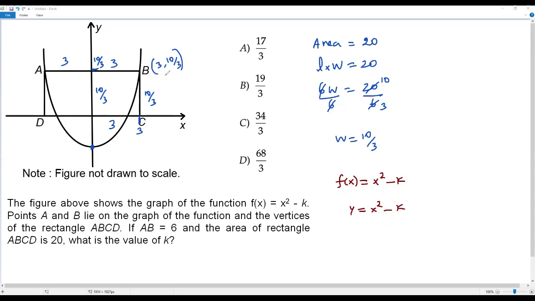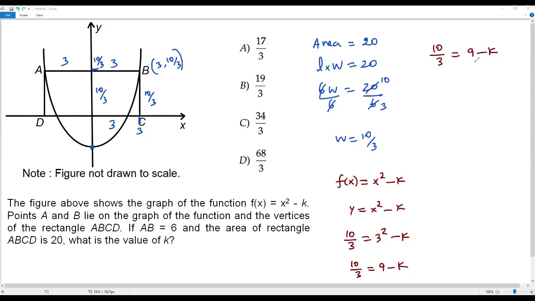That is, we plug in 3 for x over here and the y-coordinate 10 over 3 for y over here. Let me do it. Then I'm getting 10 over 3 equals 3 squared minus k. Then 10 over 3 equals 3 squared is 9 minus k. Let me continue over here: 10 over 3 equals 9 minus k.